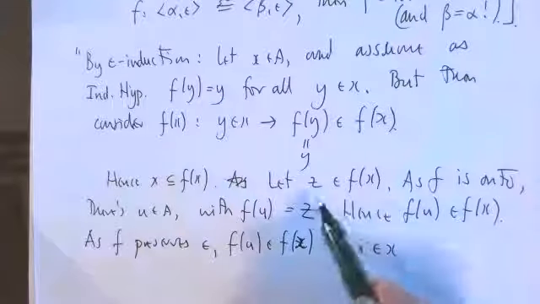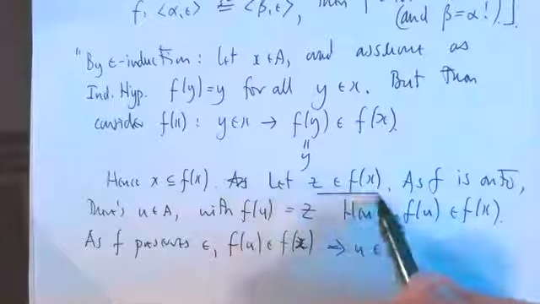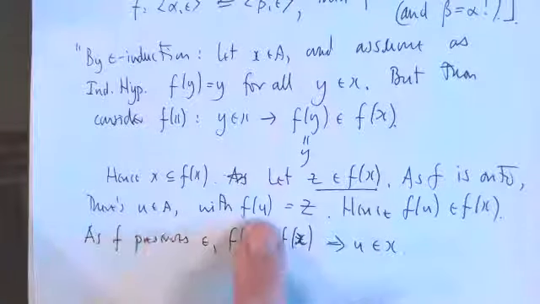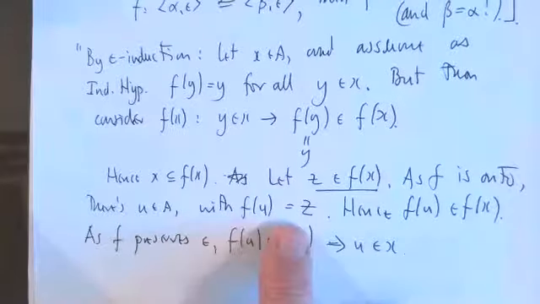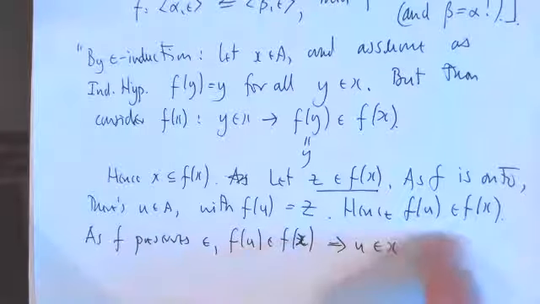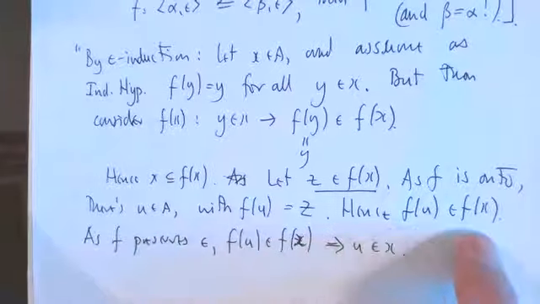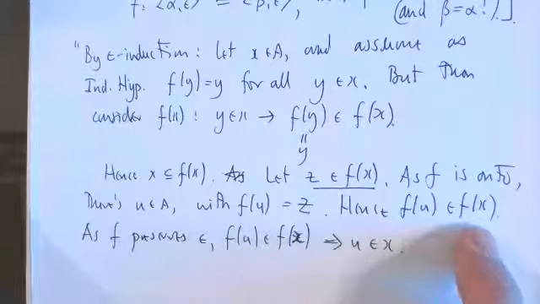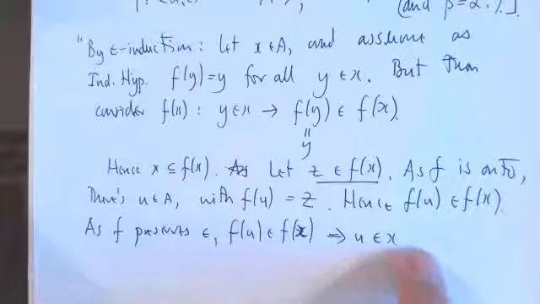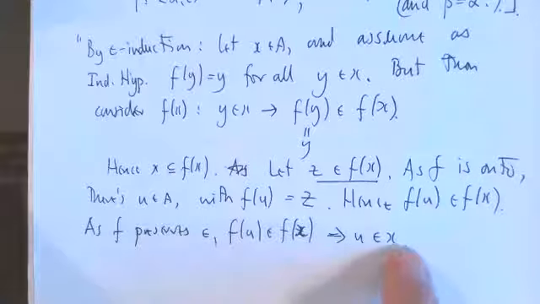What did I do? I picked an arbitrary element of f of x. We've said that it's f of u for something or other, right here. So I've got, in the end, f of u is a member of f of x. f preserves epsilon, so u is in x here.